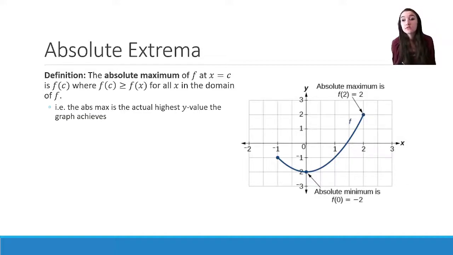All right, so now we've talked about relative or local extrema. Next thing to cover is what's called absolute extrema, which is very related to our relative extrema. The only difference is that absolute extrema is, well, more absolute, but specifically it's not every function is going to have this. You can have a relative minimum or relative maximum without having an absolute minimum or absolute maximum.